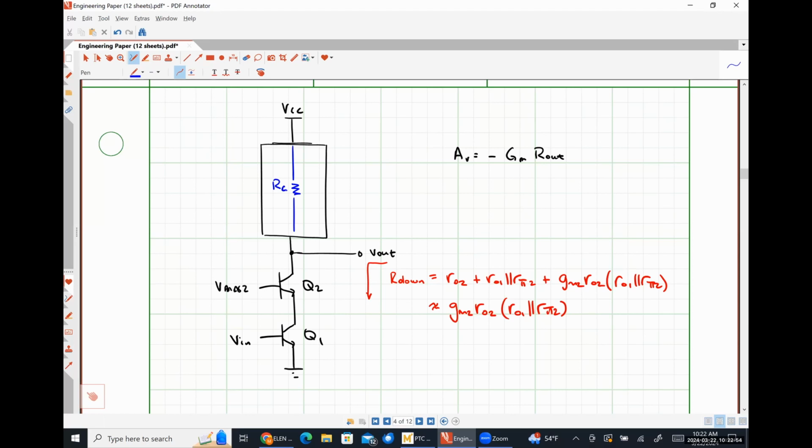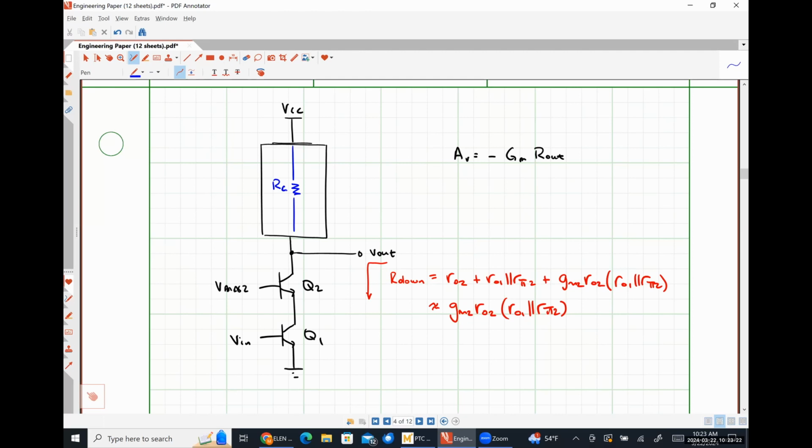This is the resistance we see looking down from this node headed towards ground. The resistance that we see looking up towards AC ground is RC. So whatever we put up there is going to be in parallel with this resistance. So if we don't put something large, we're killing our voltage gain because R out is small, right?